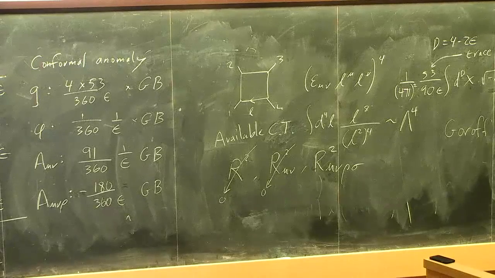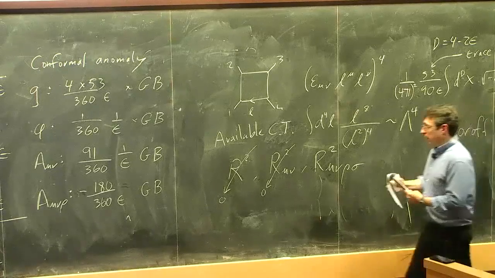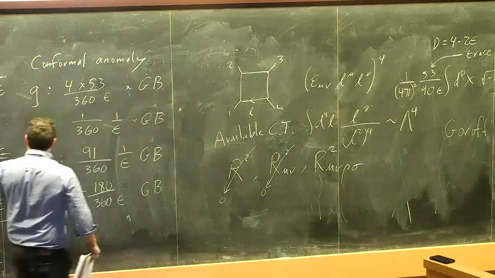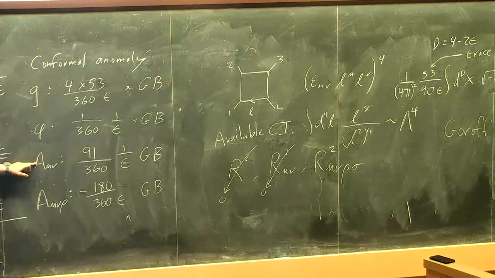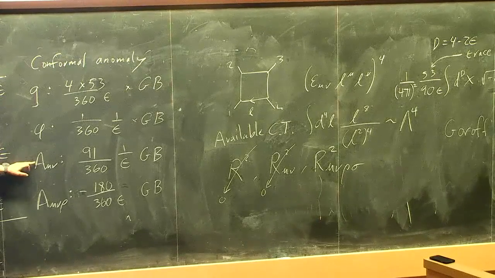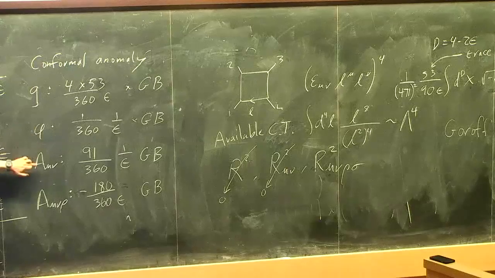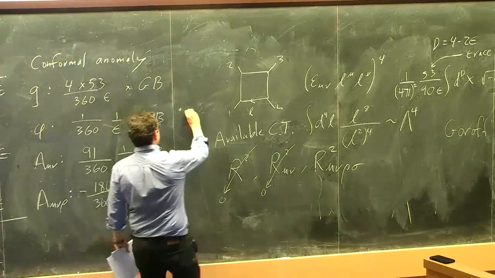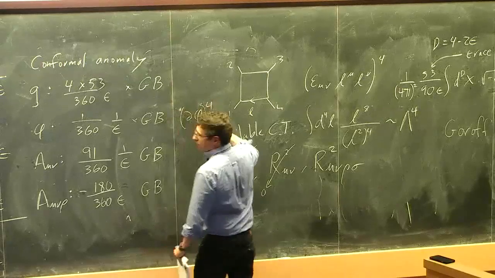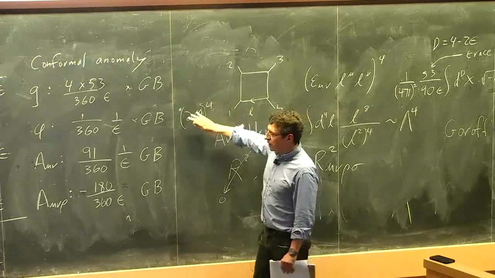Oh, you can. There are other things you can get. So right here, when I add this, there's another divergence. When you have this or this, there's a divergence. Like here would be a d phi to the fourth divergence. Mm-hmm. So there are other divergences around.